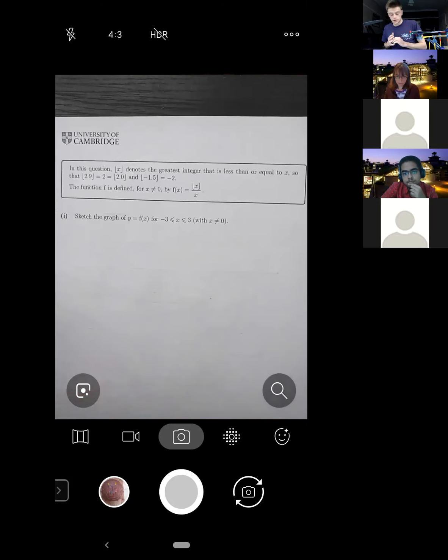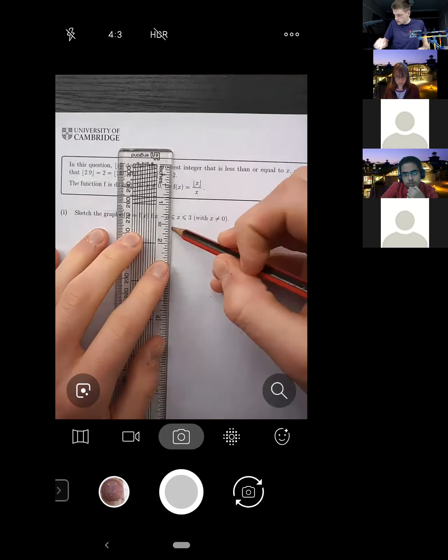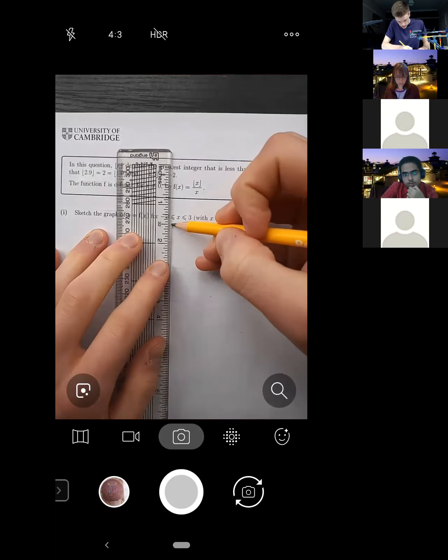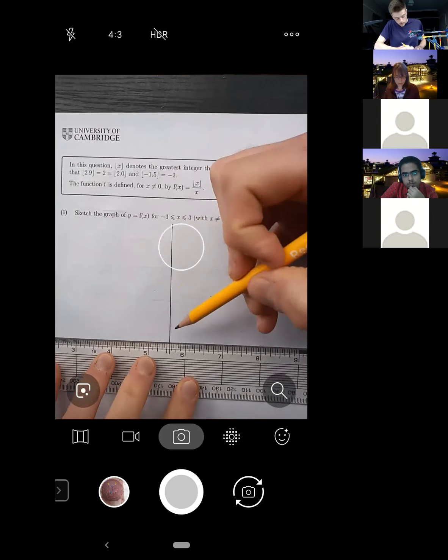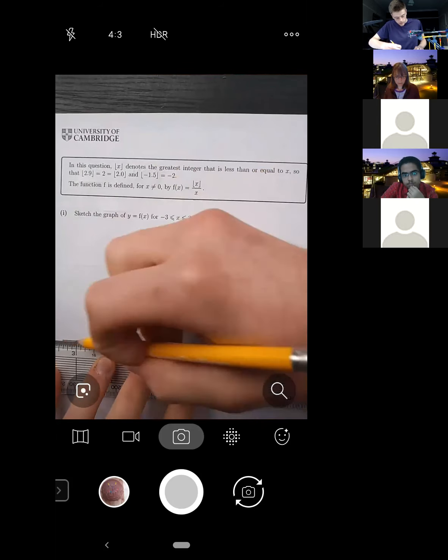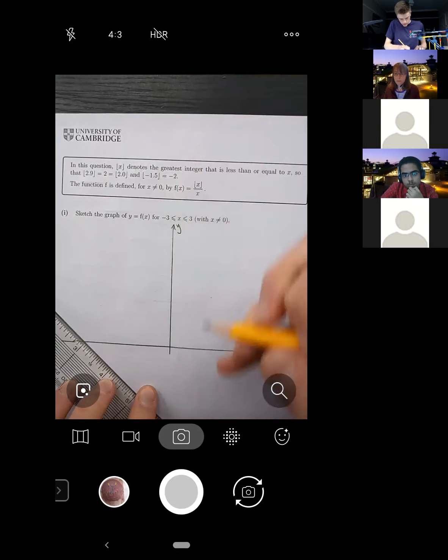Right, so this is the very first part of the question, and it's just asking us to sketch the graph in a certain range. Okay, so hopefully you can see this okay. I'm going to use darker pencil. Okay, x and y.